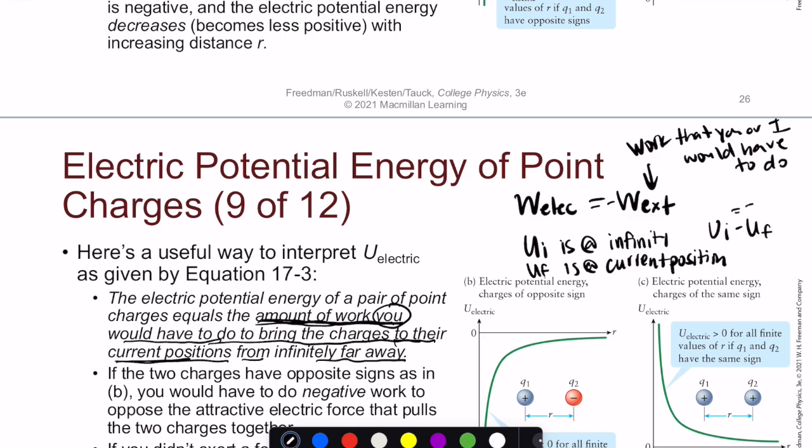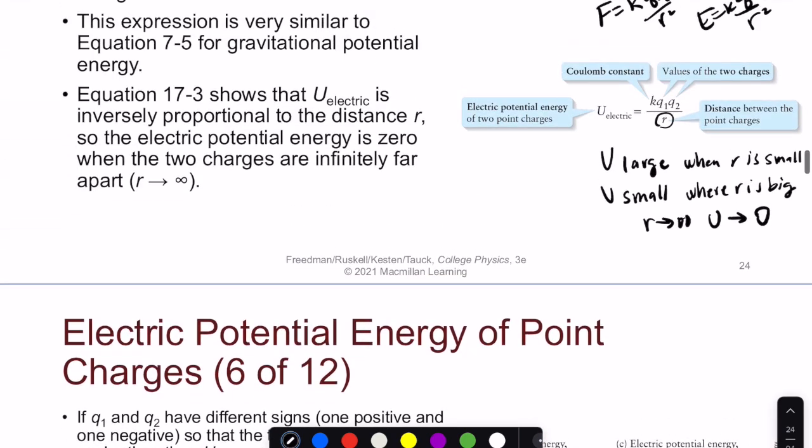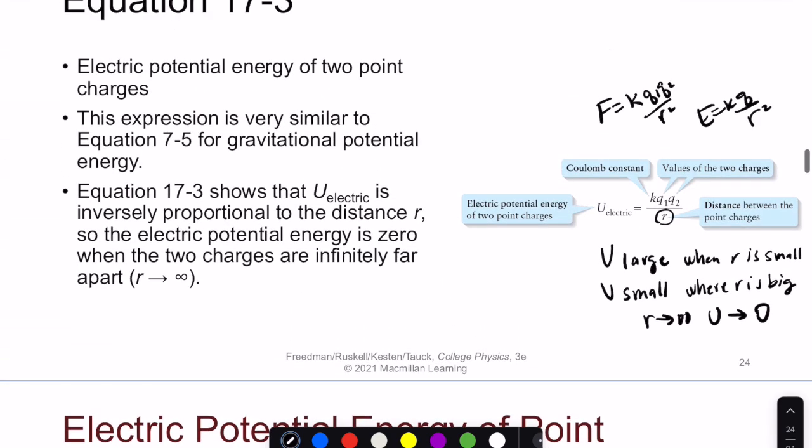Which is negative delta U. So we have these two negative signs that are canceling, and therefore it's going to give us the same sign as if we were speaking about the work that the electric field is doing. Okay, so what I want to tell you is that in this useful way to interpret U electric, there are two negative signs in that interpretation in order to bring you to the definition that we have been speaking about up until this point, 17.3, okay?